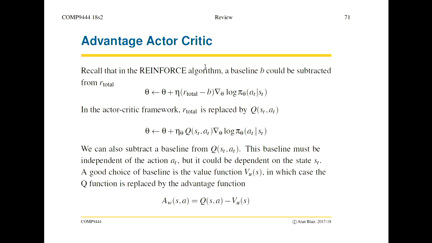Remember, V(s) is theoretically the value we would get if we chose the best action, and the Q function is what we get if we choose a particular action. So this advantage is the difference between choosing this action and choosing the best action.